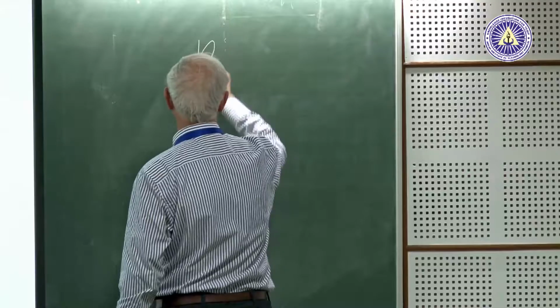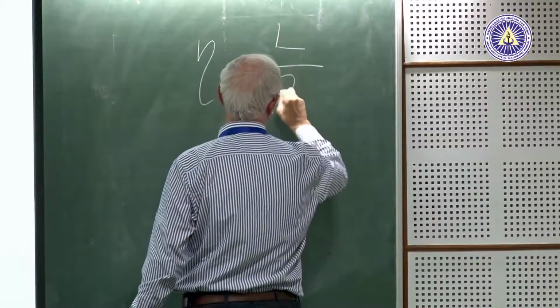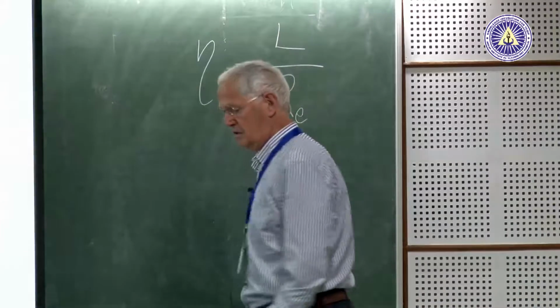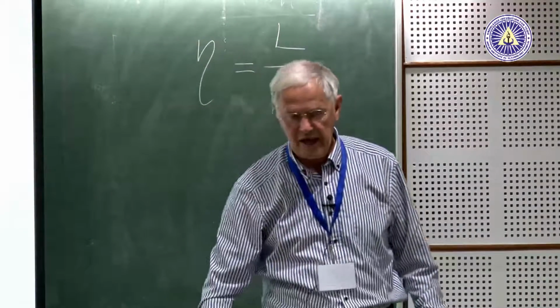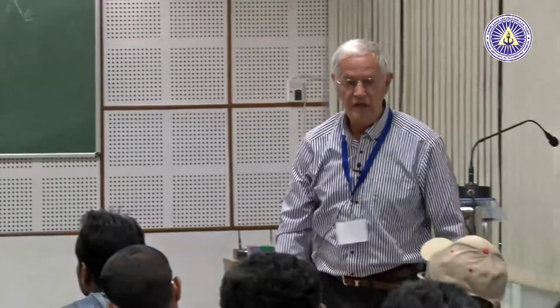So eta is L over Re, where L is the Fourier variable and Re is the so-called effective outer cutoff radius of dislocations.